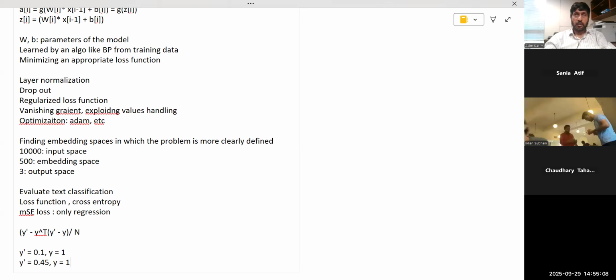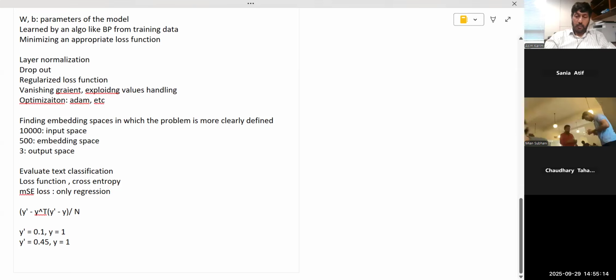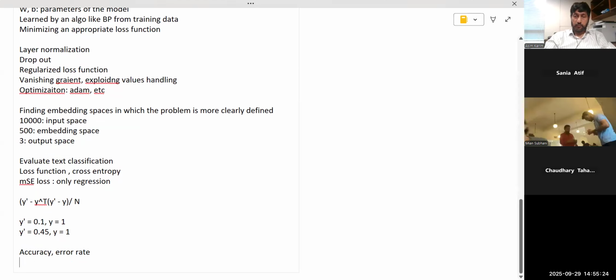So for regression, MSE, MAE and RMSE are used. For classification, cross entropy, and for more practical purposes, we have a bunch of other measures. So we have accuracy and error rate, both of which are the same thing. Then we have of course recall, precision and F measure.